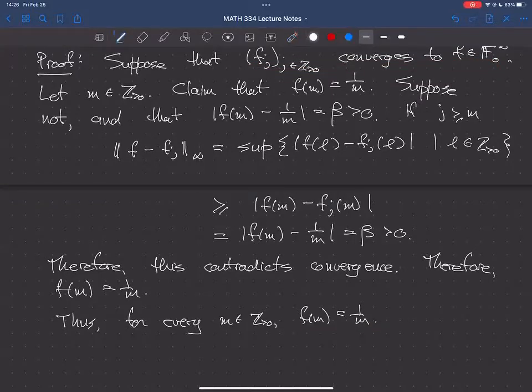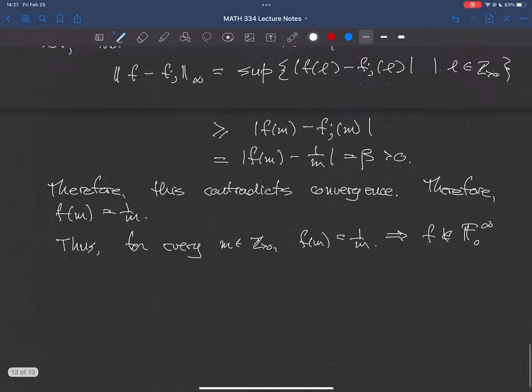But this immediately implies that f is not in f infinity 0, and so my assumption that I started out with, that this sequence converges in here, is false.